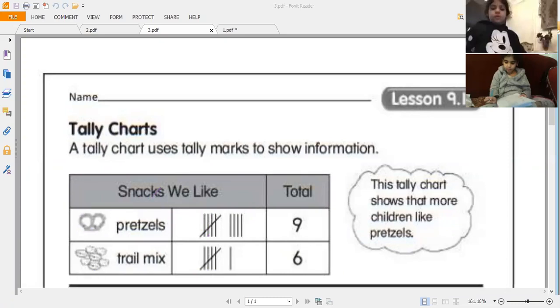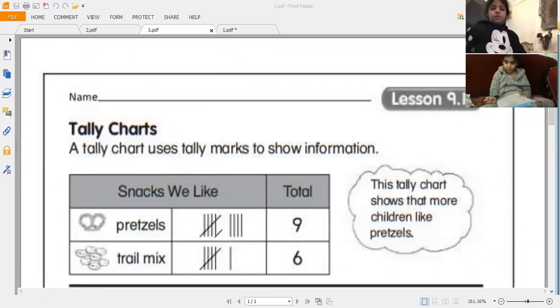For example, you want to represent the number of colors that you have. If you have five red crayons, we will draw five tally marks and write that you have five red crayons. So we use the tally marks to make the tally chart. The tally chart, grade one, is a table.